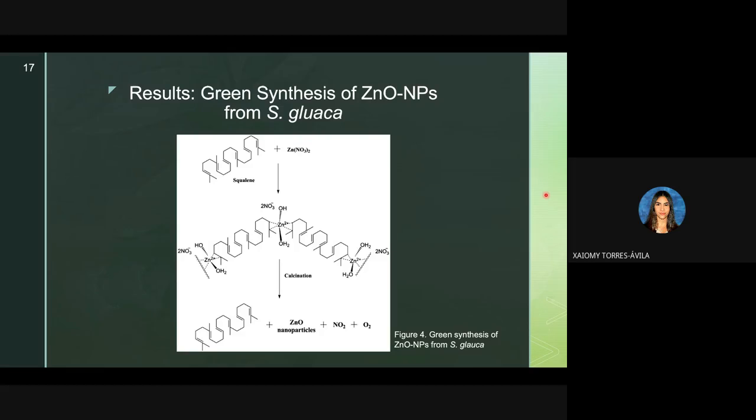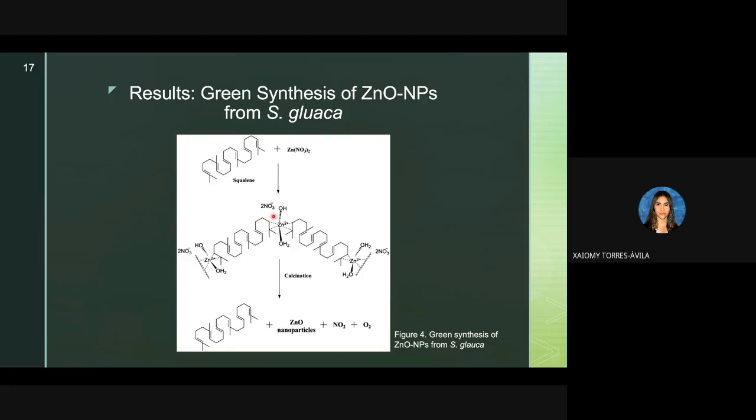starting off with squalane, which is a triterpene and also a medicinally important bioactive compound. It was identified in this study in gas chromatography mass spectrometry and in Fourier transform infrared spectroscopy of S. glauca. We can also see the zinc nitrate right here on the right side.